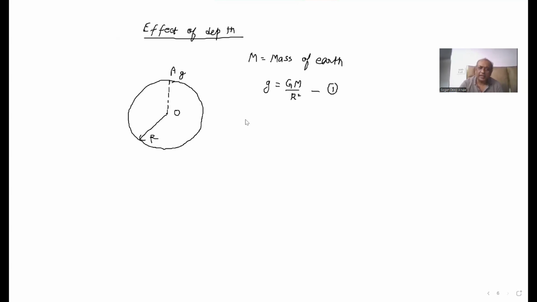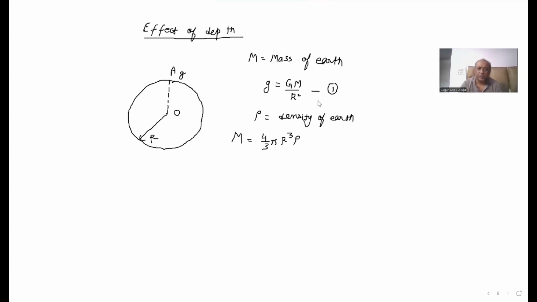And let rho be the uniform density of Earth. Then the mass of Earth will be equal to volume into density. So volume is 4 by 3 pi R cube multiplied by density, which is rho.